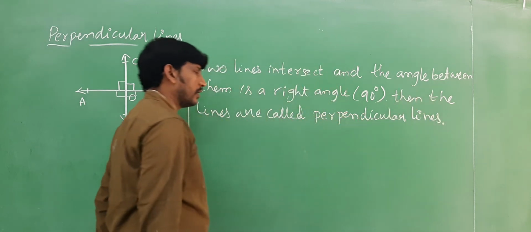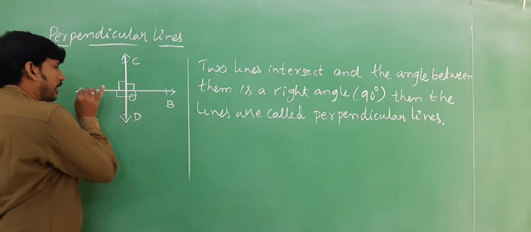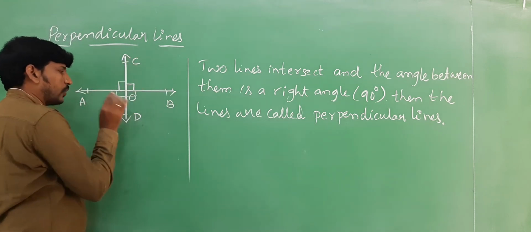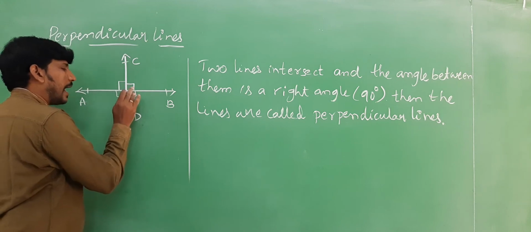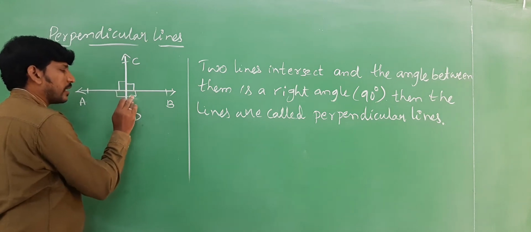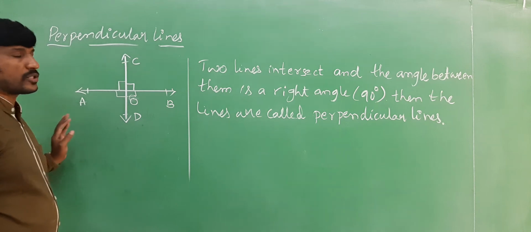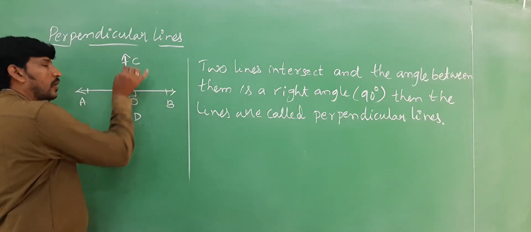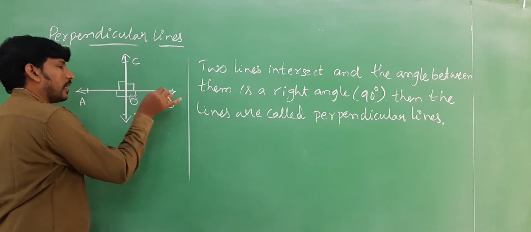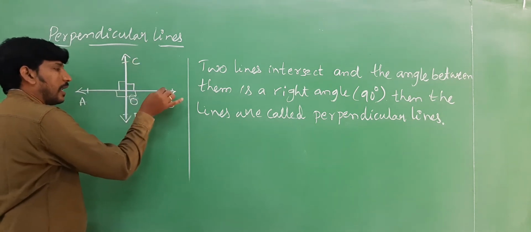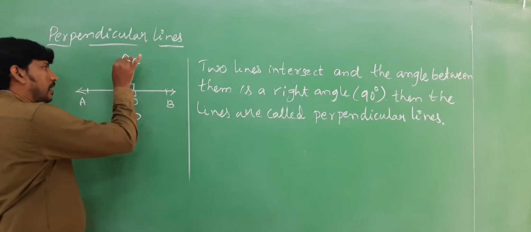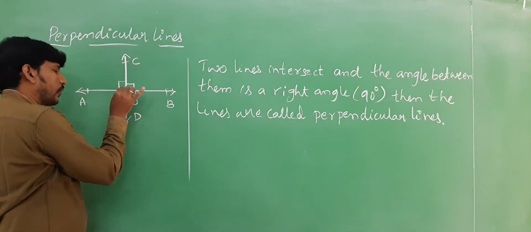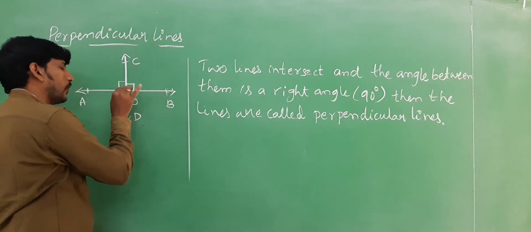See this here. Line AB, line CD are intersecting at a point O. Then the angles between these two lines are angle BOC, angle AOC, angle AOD, angle BOD.